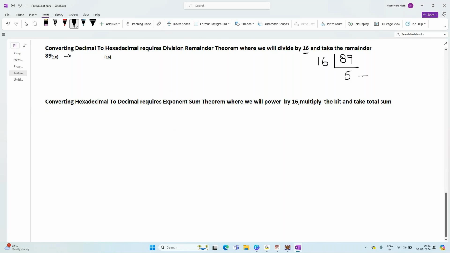Correct. So what is remaining? 9 is remaining. So 16 into 0 is 0. What is remaining? 5 is remaining. Clear? Okay. Now what I can put here? 5 9. Actually this is 0x. The rule is that hexadecimal will always be represented with 0x.